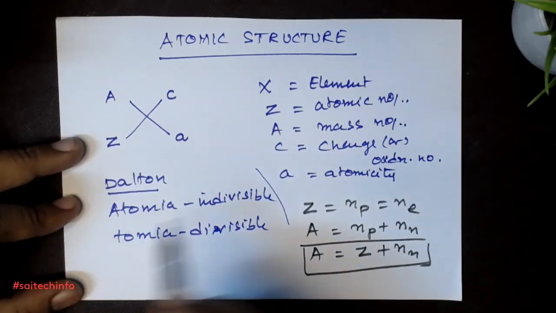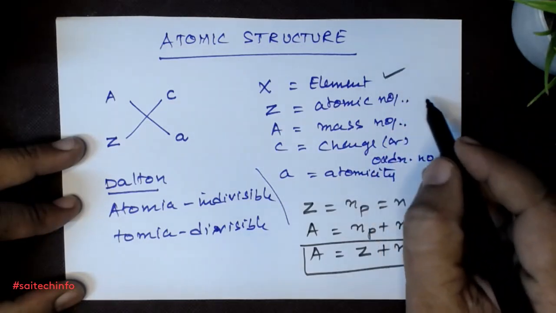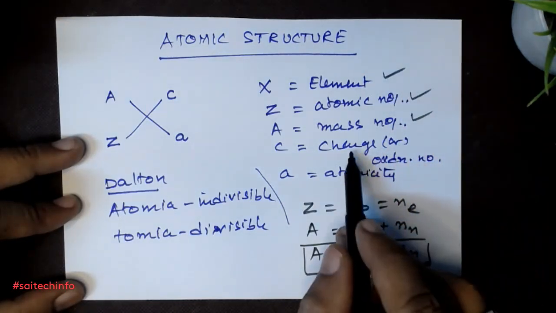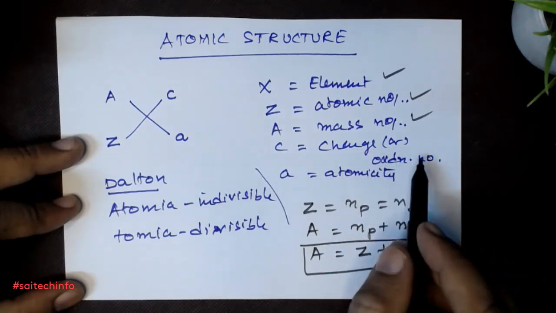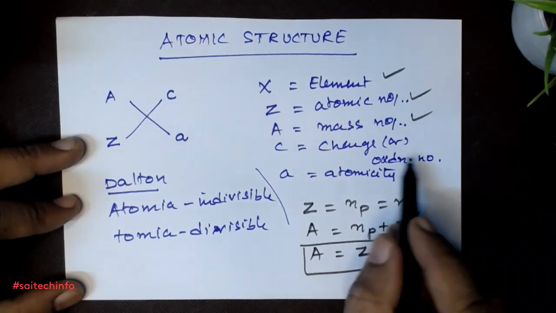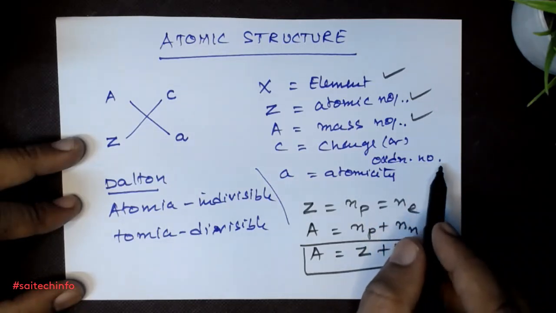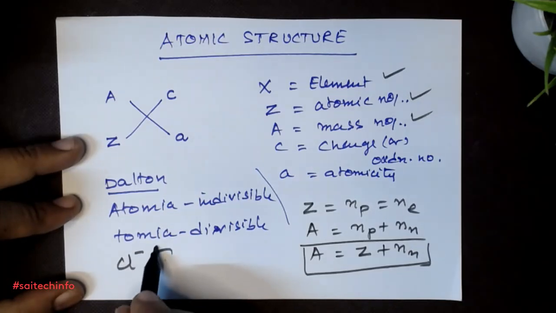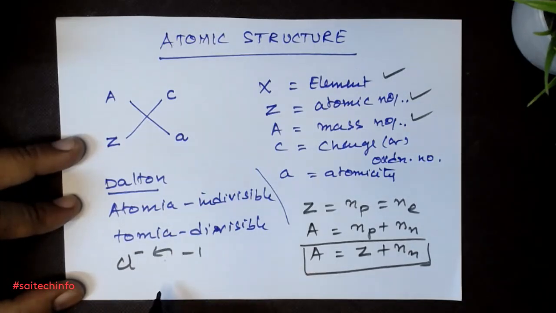Now, we know what is element, atomic number, mass number, and the charge. Each element has its own charge when it is in its reactive state. For example, chlorine minus means -1 is the oxidation number or the charge, and oxygen -2.